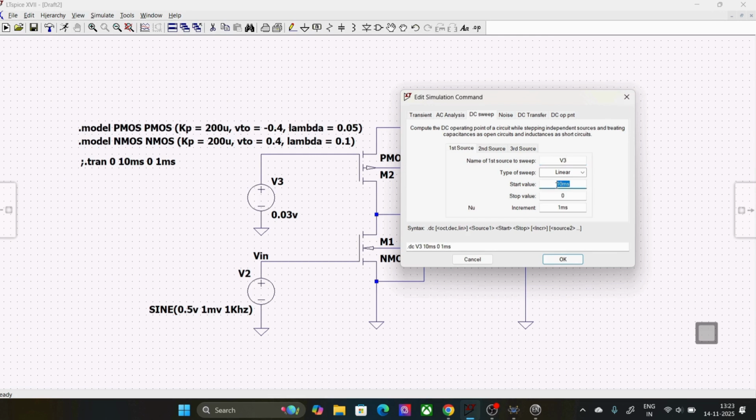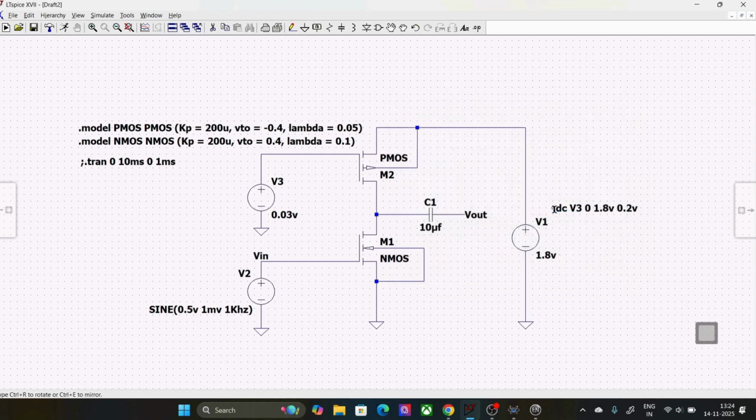Our start value should be 0 volts, stop value 1.8 volts, and it should be incremented by 0.2 volts. Click on OK.